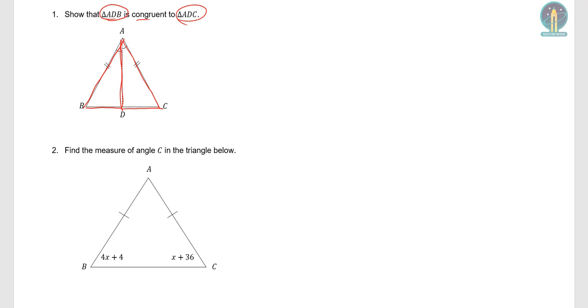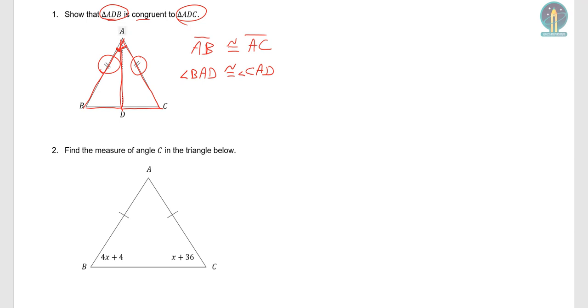Well, we could start with what's clear to us. ABC is an isosceles triangle, so these two legs are equal. So we have segment AB congruent to segment AC. And then the angles: we can clearly see that these two angles are equal, so angle BAD is congruent to angle CAD.